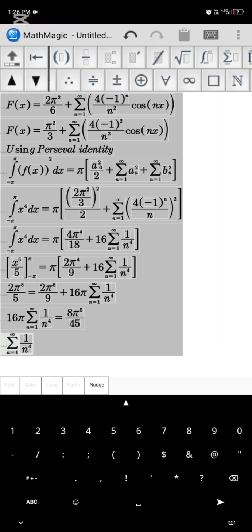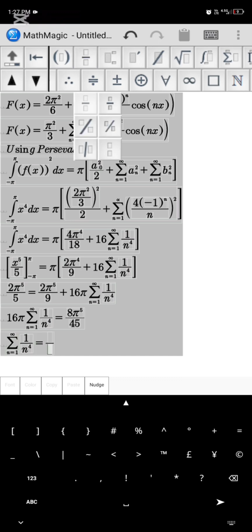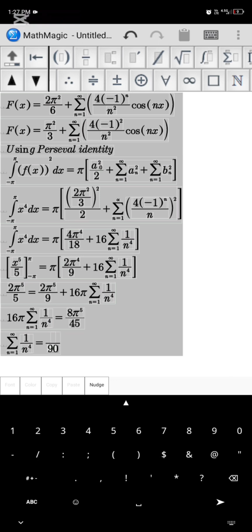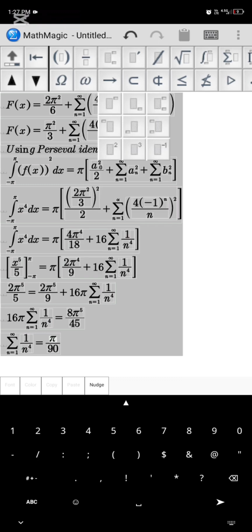This is just going to be equal to 8 pi raised to the power of 5 over 45, then divided by 16 pi. So we are going to have pi raised to the power of 4 over 90. So that's what we're going to have.